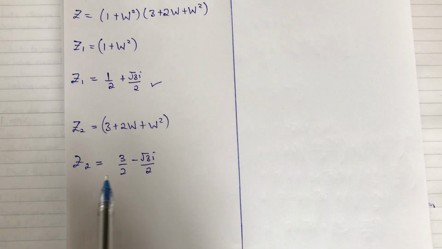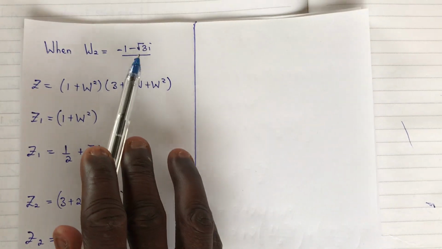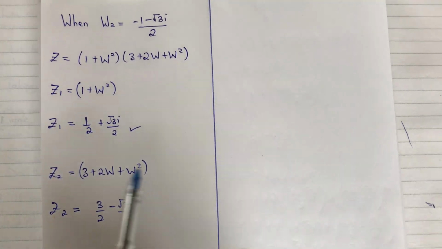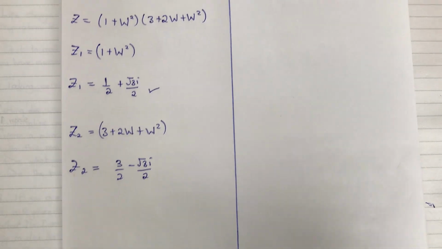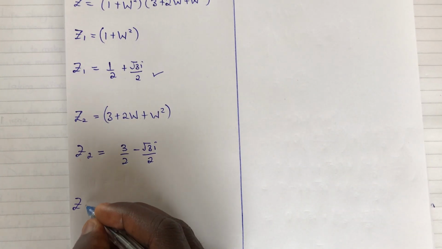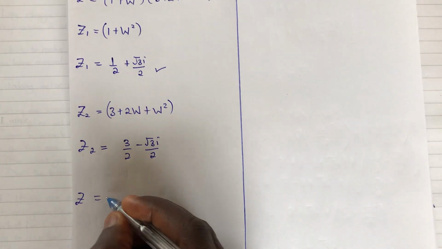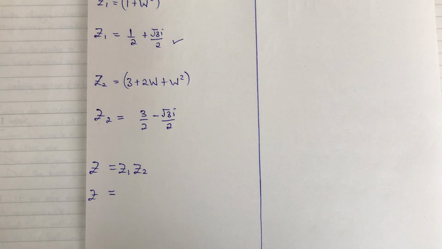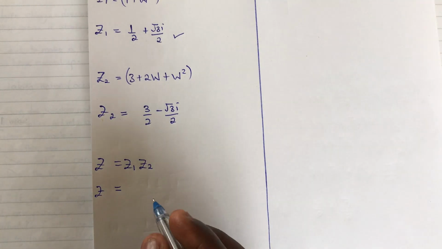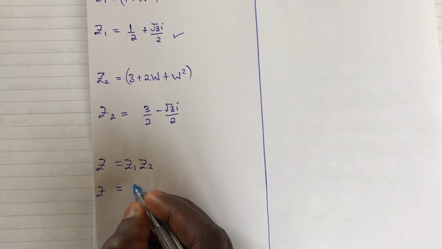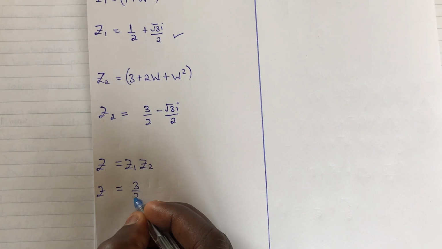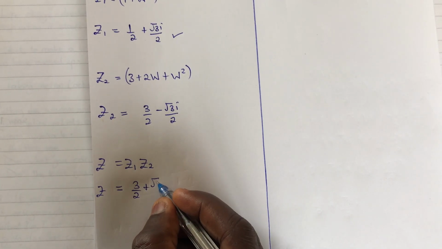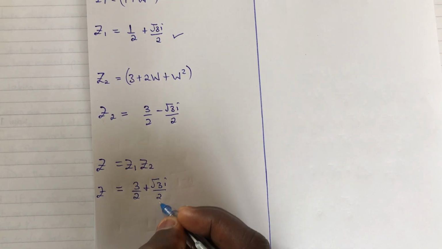So this is the result for Z2 when you input the value of W2 into this equation. Now your final result will be Z equal to Z1 Z2. When you finish, you are getting 3 over 2 plus root 3 i all over 2. So this is it.